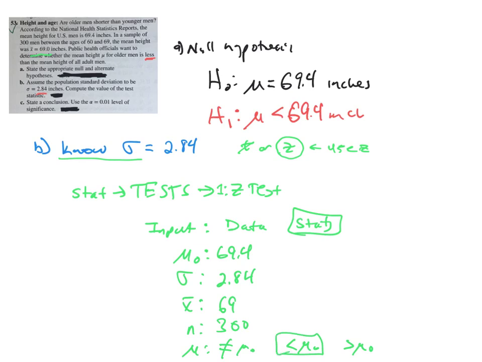We're testing against the less than. If we do the calculations, we get that my test statistic, my z, is negative 2.44. So if I assume my 69.4 is the center of this normal distribution, my z would be negative 2.44. That's where the 69 would appear for this normal distribution.